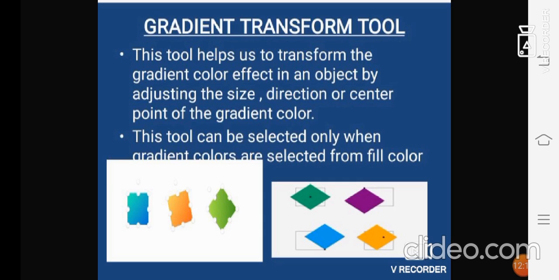First, we need to select them, then increase and decrease the size. Whatever color you want for that gradient, you can place it in the gradient, and you can turn it at whatever angle you want. I hope you understood this, children.